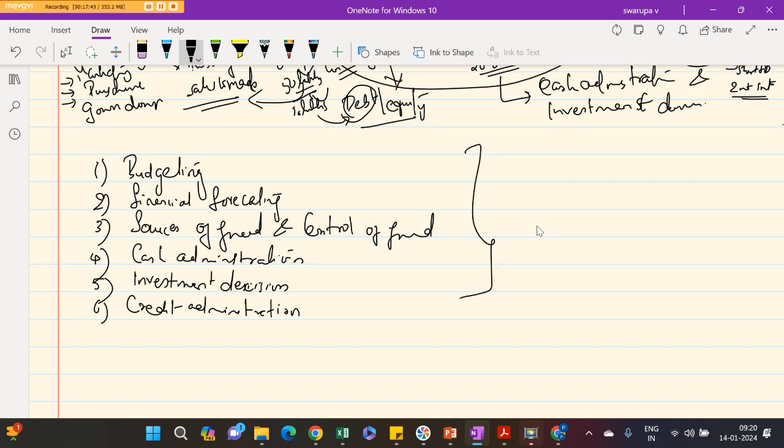All this put together is financial management. So financial management is not just money, just cash.